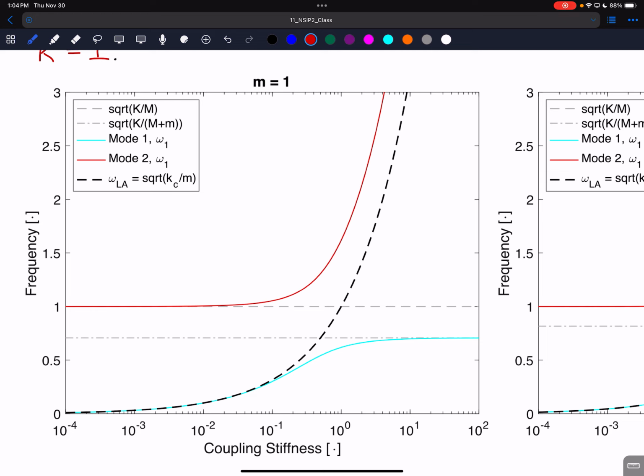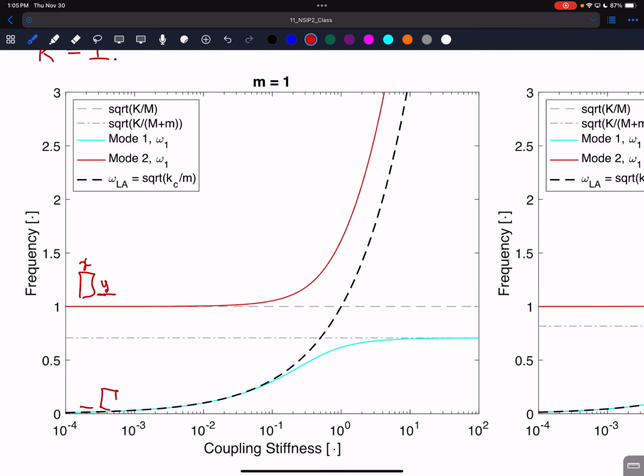So over here, this is, what did I call them, X and Y. For the mode shape, over here, this mode is going to have a very large response in the primary oscillator, and a very weak response in the attachment. And then over here, we'll have the opposite.